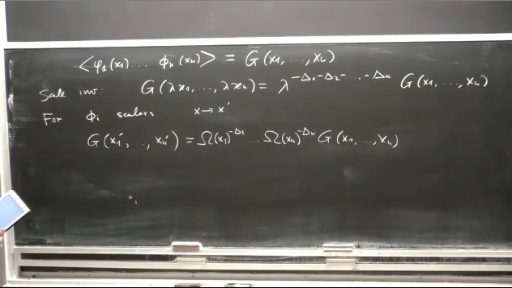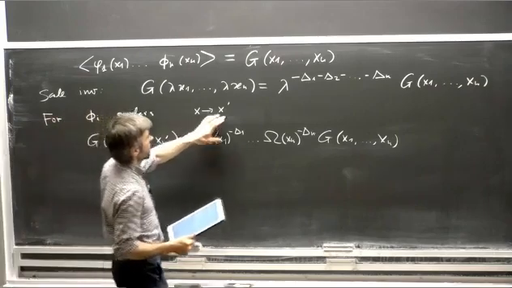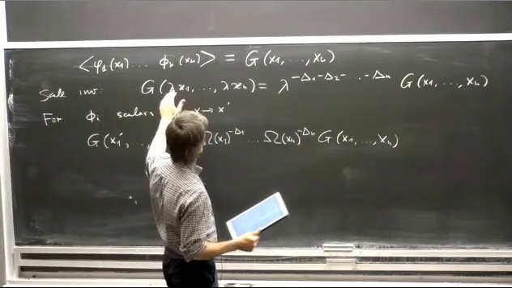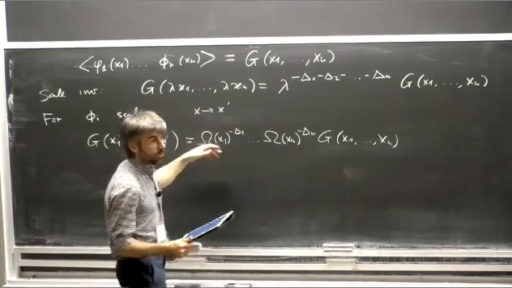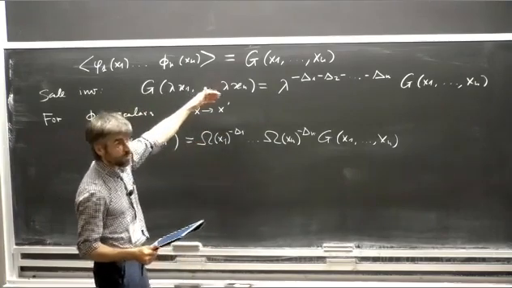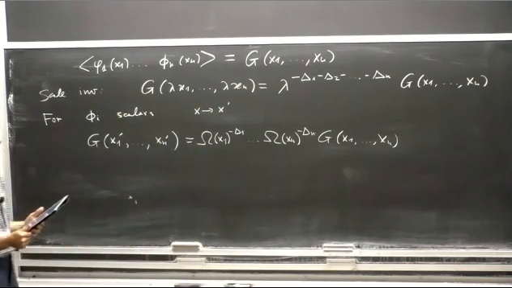So you see that for a scale transformation with parameter lambda, omega is exactly equal to lambda, so this equation reduces to this. For a general x-dependent omega of x, this is clearly a more general relation.